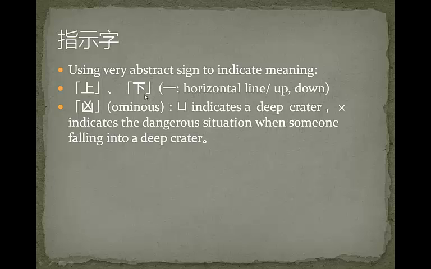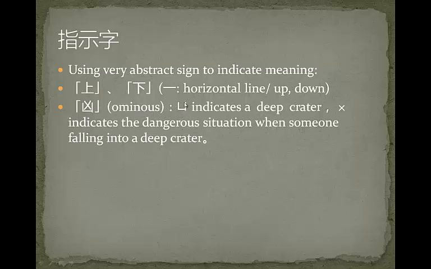So you can think of the horizontal line shared by the characters as a horizon, okay? The horizontal line as a horizon, and for up, 上, it points up, right? For 下, down, it points down, okay? So it's kind of mimicking an abstract shape. All right, and the next example here, 凶, which means bad luck or ominous.